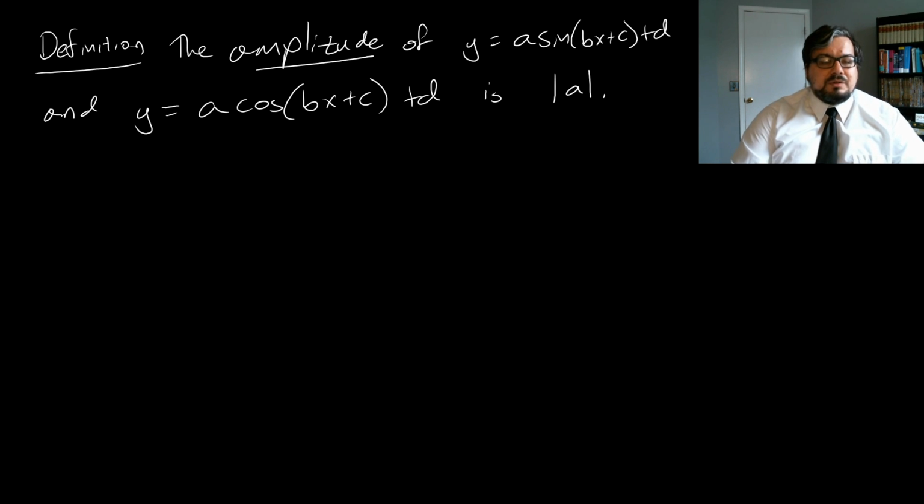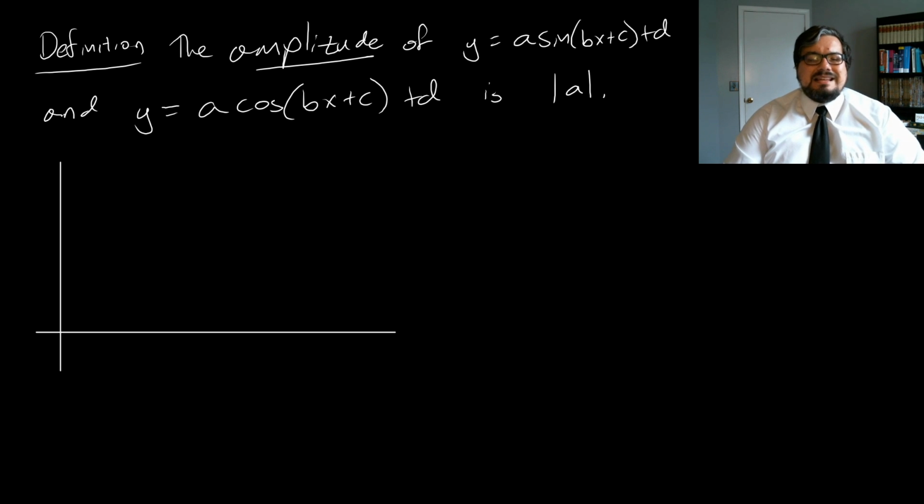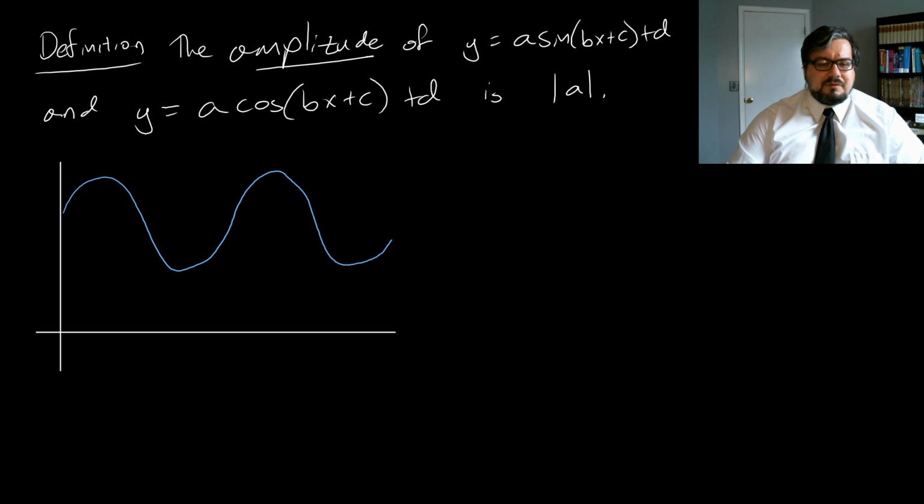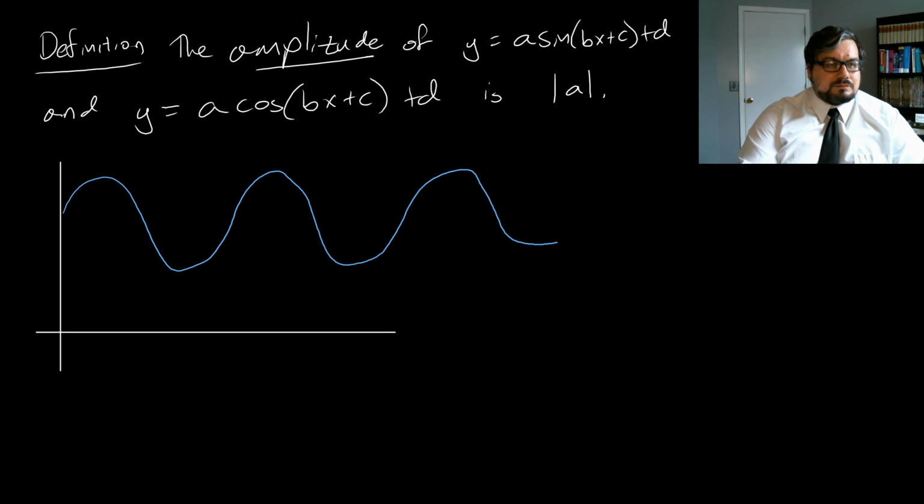I want to just briefly mention that, not to get too far ahead of ourselves, but when the d in our expression is non-zero, that means that we'll actually have a curve that does something like this. It'll be a sine type curve, but it won't be centered around the x-axis anymore.